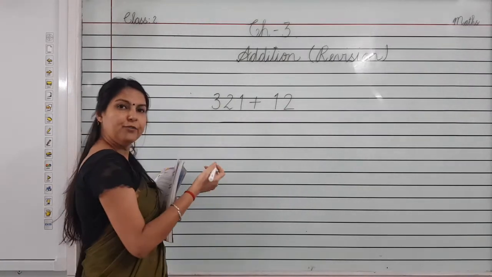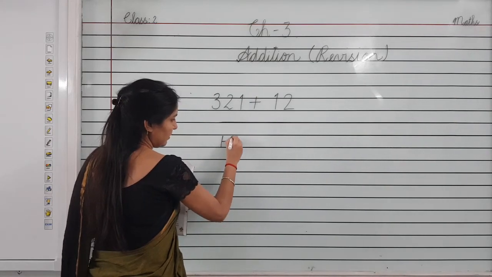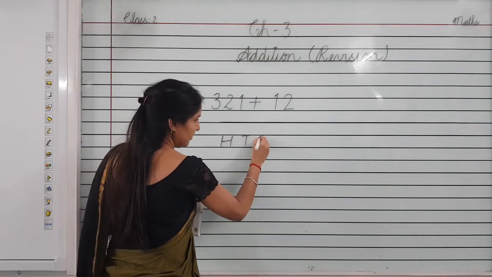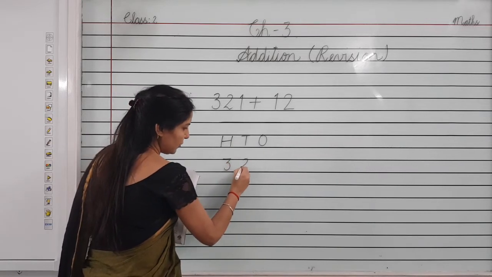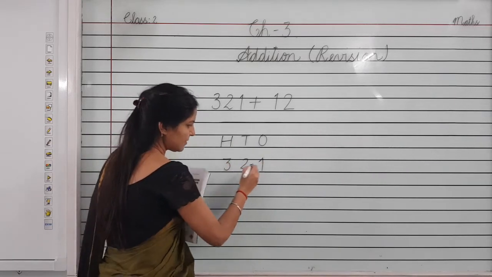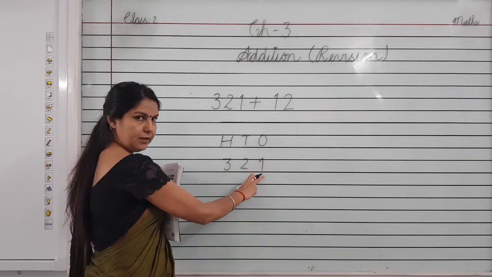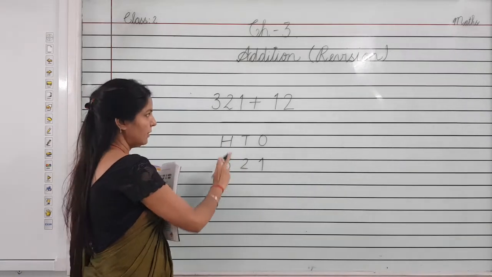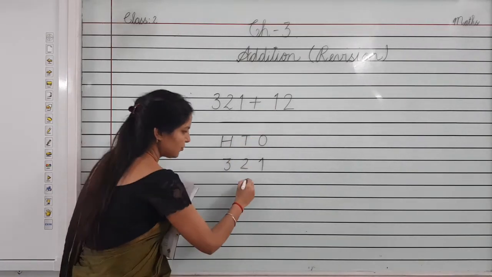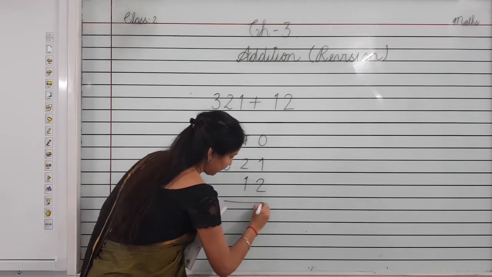First of all, we will arrange these numbers in columns on STO pattern. This is 321. So we will arrange this number like this: ones at 1, tens 2 and hundreds 3. Now in this number here is only 12. So we will write it like this.